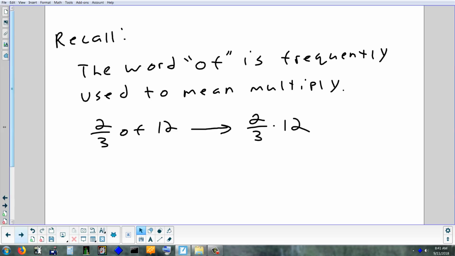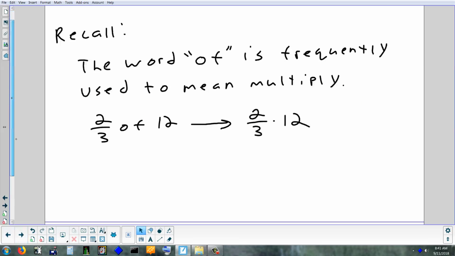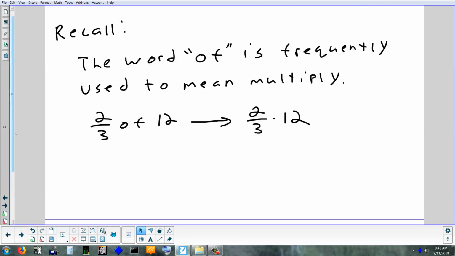Well, "of" means multiply. We'll finish up by looking at a word problem next that has the word "of." You don't have to worry about writing it down. You just kind of go over it.